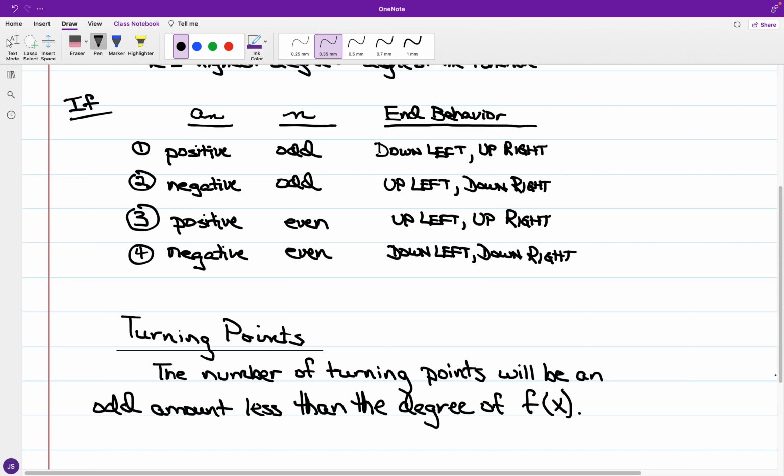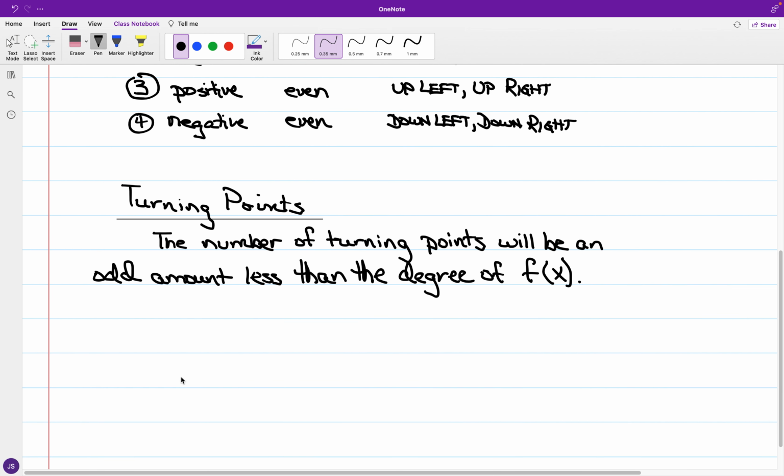And let's say that we were to determine the following.